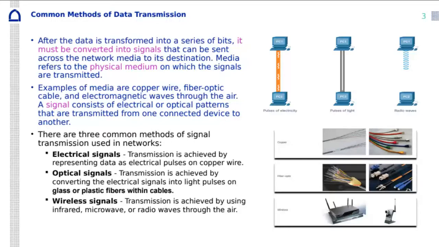This can be electrical signals, where the data is transmitted as electrical pulses on a copper wire, or optical signals, where the data is transmitted by converting the electrical signals into light pulses. It will be a light pulse, on, off, or light is traveling. Or we have wireless signals through the air or through space.